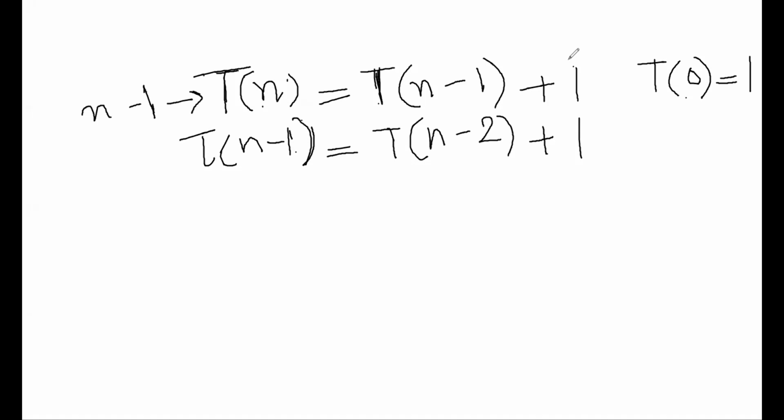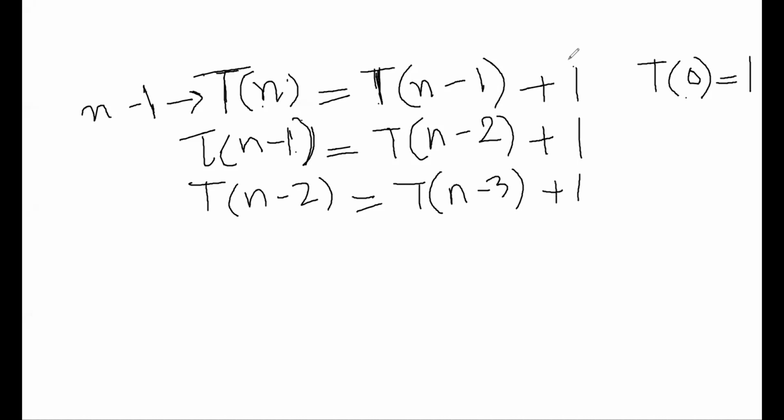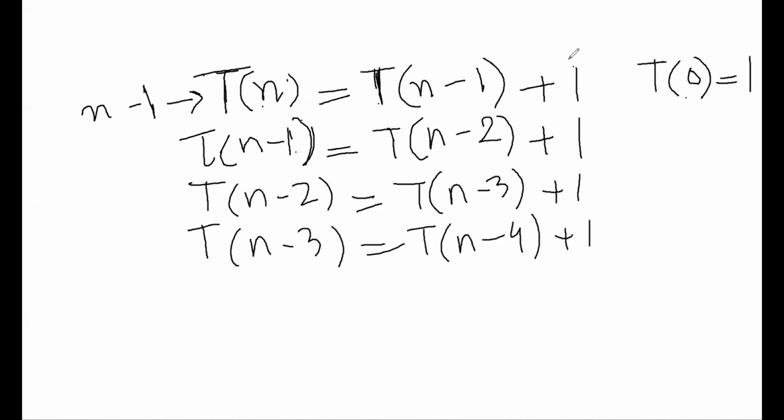Now I want to know what is T of n minus 2. T of n minus 2 is T of n minus 3 plus 1. So what is T of n minus 3? T of n minus 3 is T of n minus 4 plus 1, right? So I'll keep doing it till I reach something like T4 is T3 plus 1.